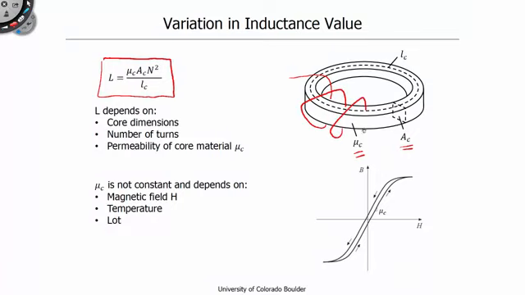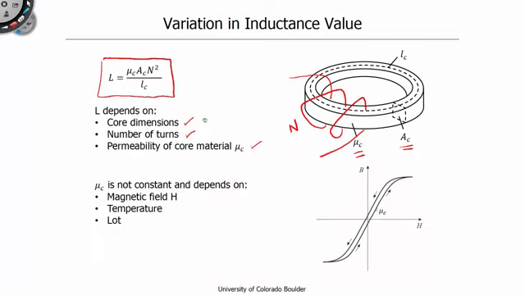Let's say we have N turns, then the inductance is proportional to N squared, and it's inversely proportional to the mean length of the path that the flux takes. As we would expect, the inductance depends on the core dimensions, the number of turns, and the permeability of the core. Now that we know how the inductance depends on these parameters, let's see if the inductor design that we've done would be a good choice.